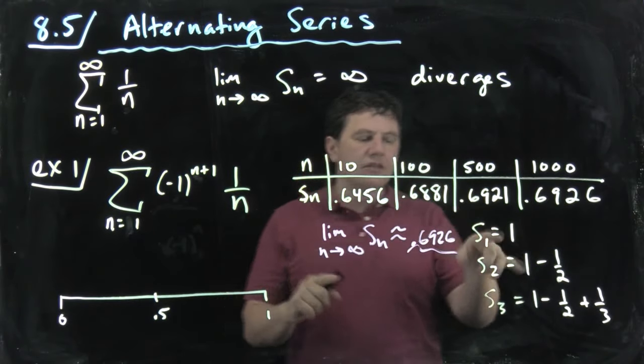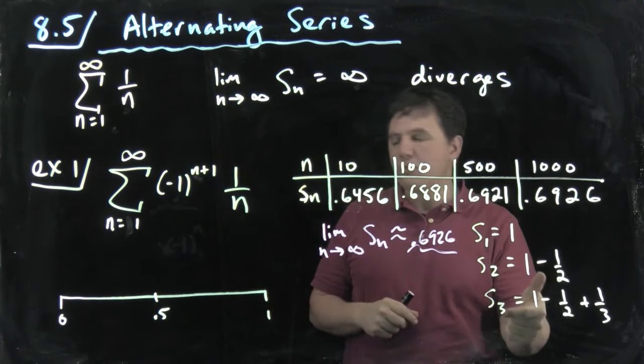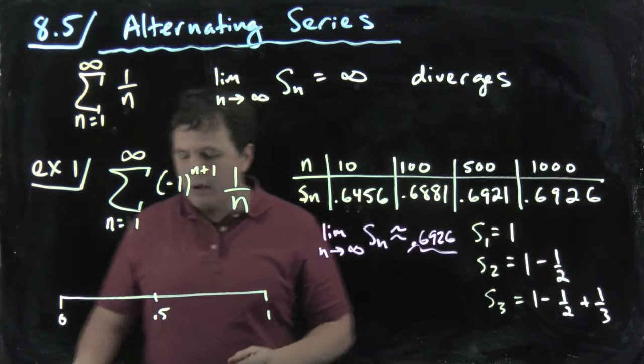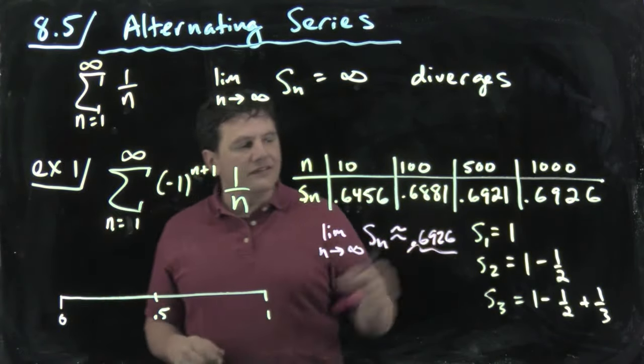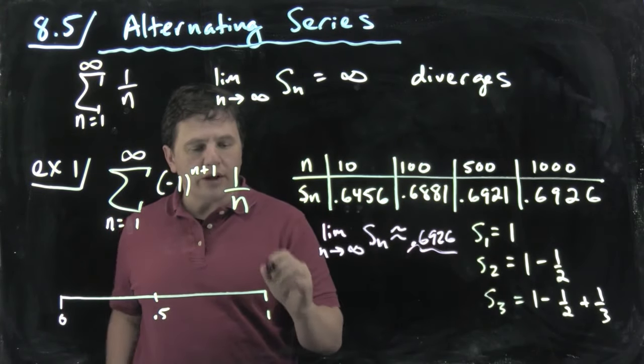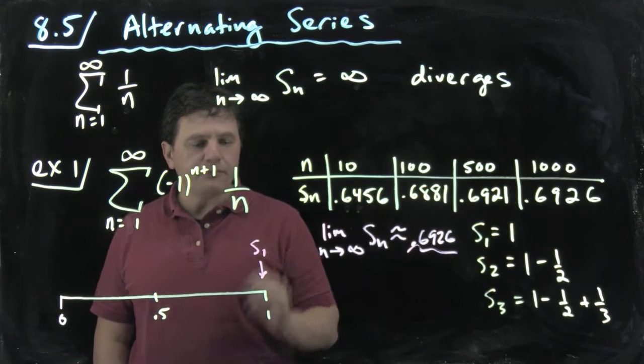And I think if we think about what's happening here, if we look at these partial sums and we look at the number line, you can kind of see what's going to happen here. So our S sub 1 is just 1. So this is S sub 1. Okay.